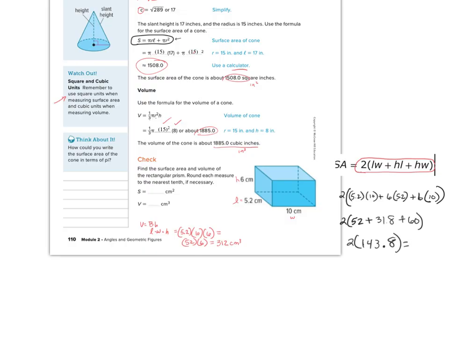So multiplying that together, you get 6. Let's see here. 782, I believe, is going to be the answer. Centimeters squared. Hope I'm right. Doing math in public sometimes gets me in trouble with no calculator.